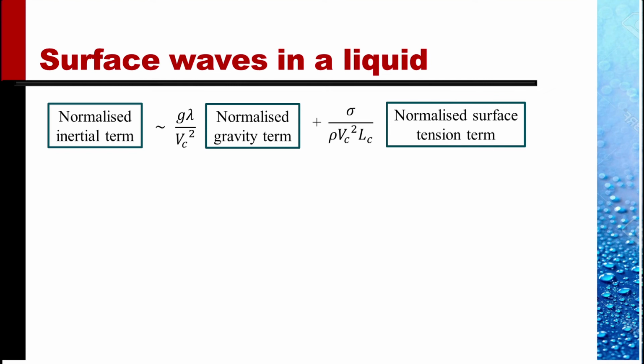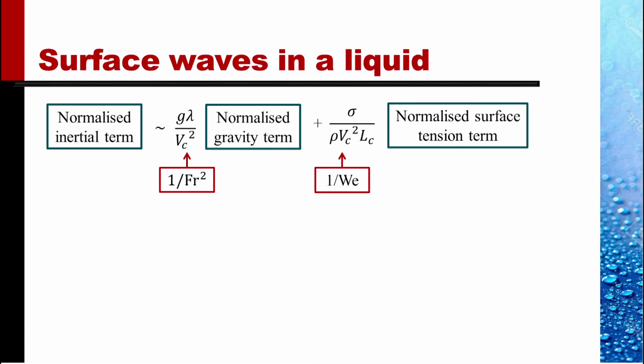The normalized gravity force would have G lambda by Vc square as its coefficient, and the normalized surface tension force would have sigma divided by rho Vc square Lc as its coefficient. The first is recognized as 1 over Froude number squared, and the second is recognized as 1 over Weber number.